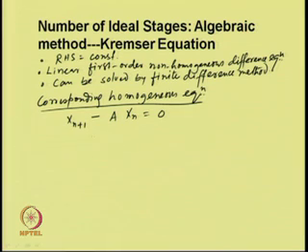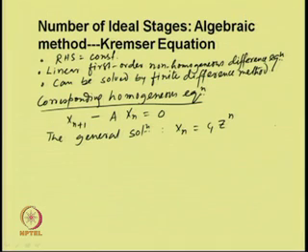The general solution of this is x n will be equal to C 1 into z to the power n, where C 1 is a constant.